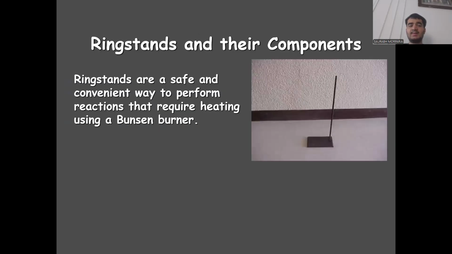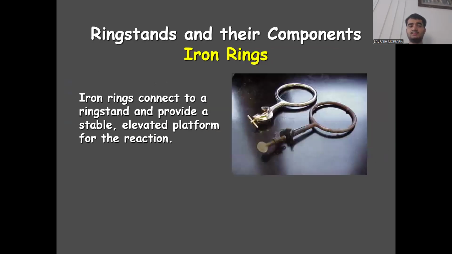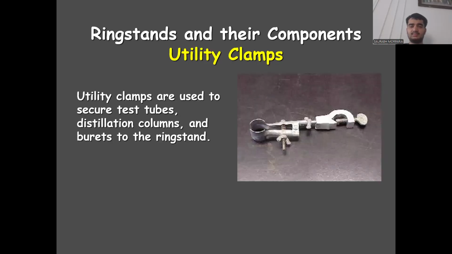Ring stand and its components. A ring stand is a cheap and convenient way to perform reactions that require heating using a Bunsen burner. Iron ring. An iron ring connects to a ring stand and provides a stable elevated platform for the reaction.